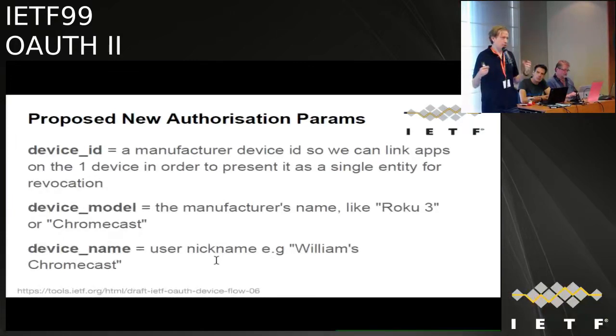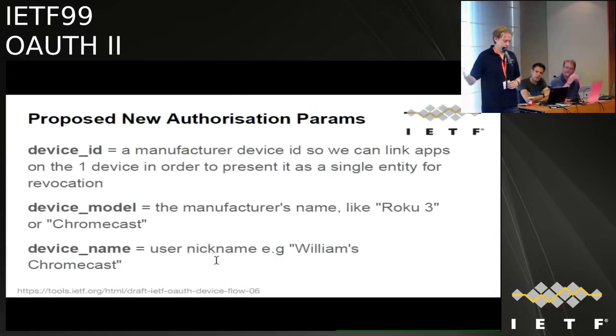And so there is a proposal around, if they both have the same client ID and the user loses, upgrades, sells, or it's stolen, if one of those devices is gone, how do they revoke just that one device? As written, the spec doesn't really provide any help to the authorization server to provide a good revoke experience. I guess you could look at when the token was last used, but that probably doesn't help a whole lot if someone bought it off you and is continuing to use it.